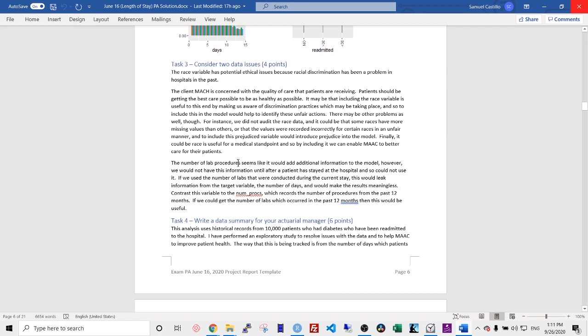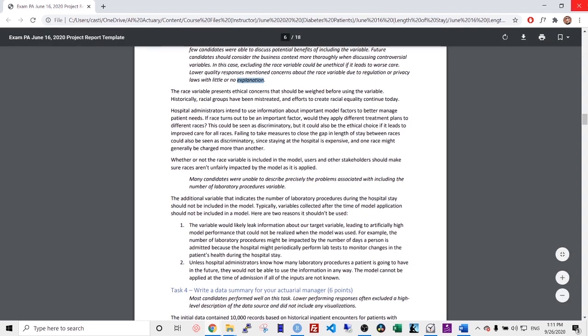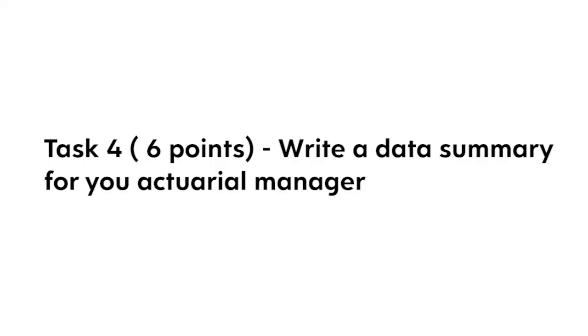Now, obviously, a disadvantage here is that you will not have the lab procedures in advance of the patient's length of stay. But it would also be worth saying that taking into account the patient's lab history would be beneficial. Perhaps you would look at this over the past 12 months instead of looking over the patient's entire length of stay. So that's what it says. Lower quality responses mention concern about the race variable, just due to regulation or privacy laws, with little or no explanation. Regardless of your response, be sure to provide an adequate explanation.